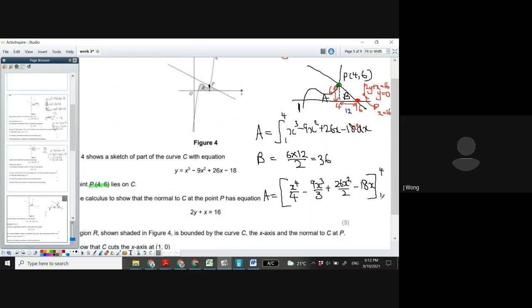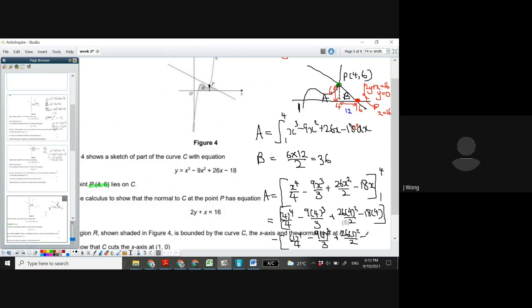And then in order to get all the marks, you need to substitute the limits. So you will do 4 to the 4 divided by 4, do the substitution. You don't only show that for 4, you show that for 1 as well. Once you have done that, you pretty much have done all the necessary steps.